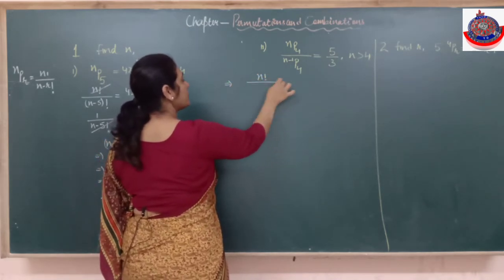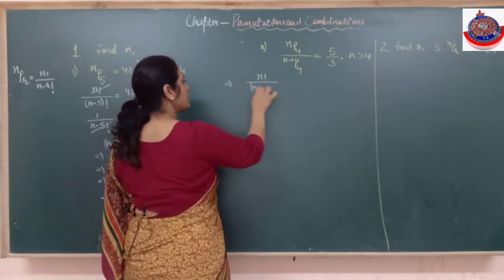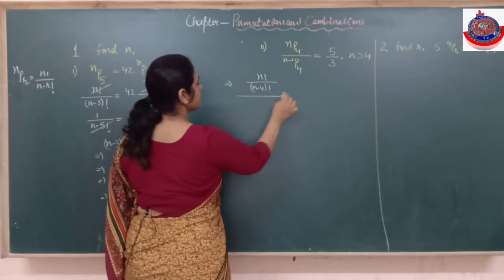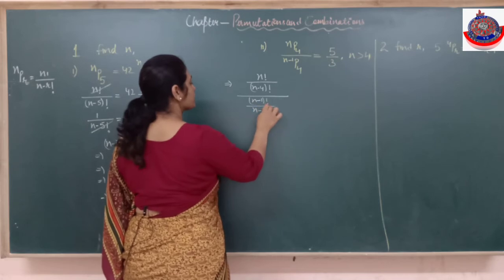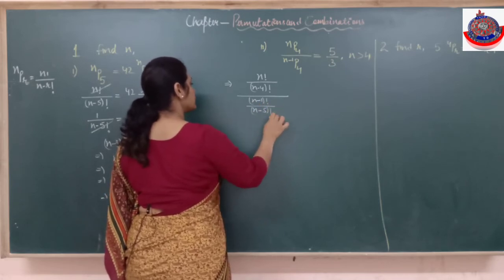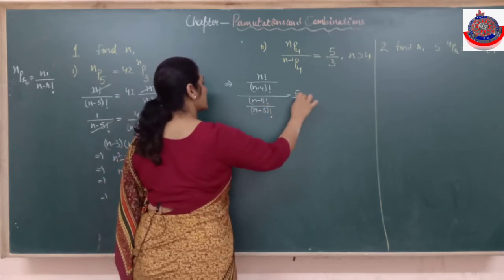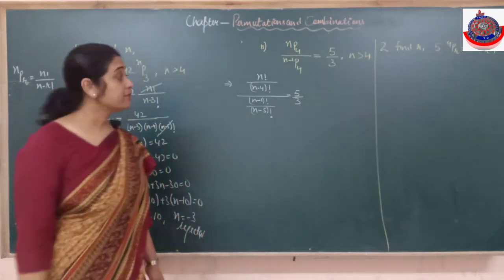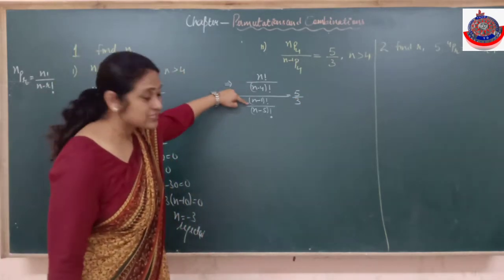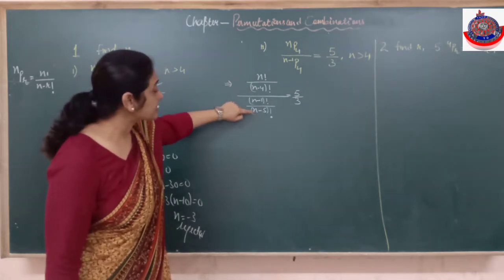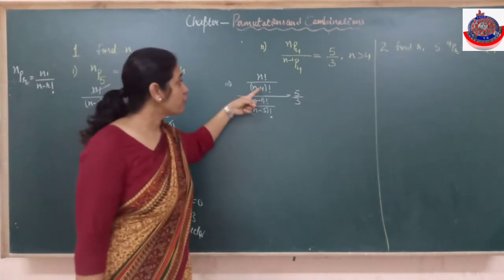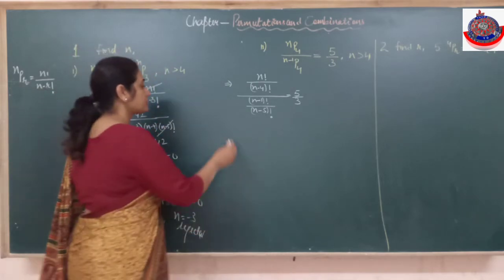n factorial upon n minus 4 factorial upon n minus 1 factorial upon n minus 1 minus 4, n minus 5 factorial. Okay, I have to open the bigger one, n minus 1 and n minus 1 combination. n will be opened. Between n minus 4 and n minus 5, which is bigger? n minus 4, so this will be opened.